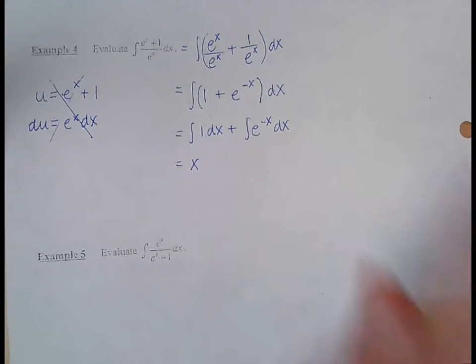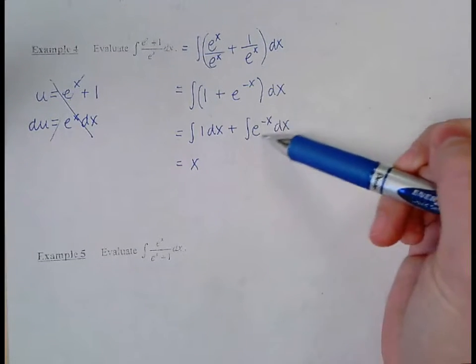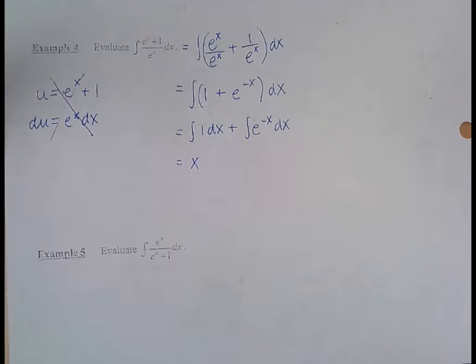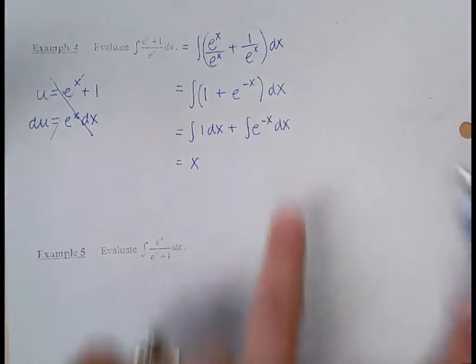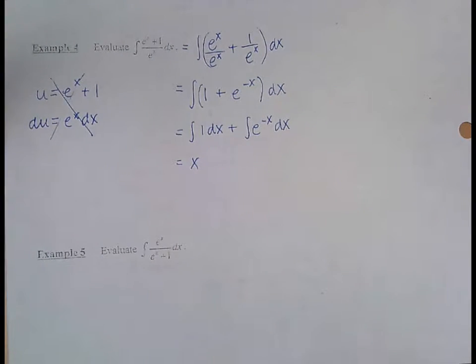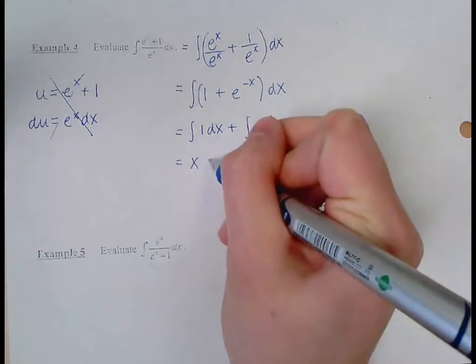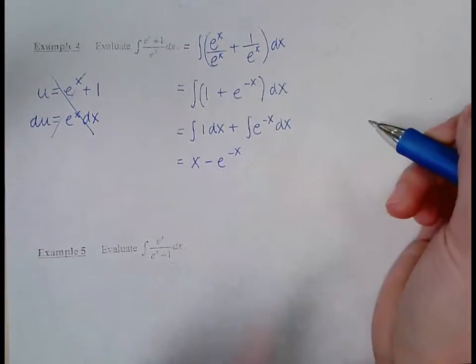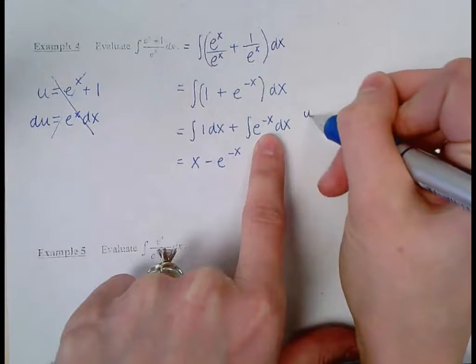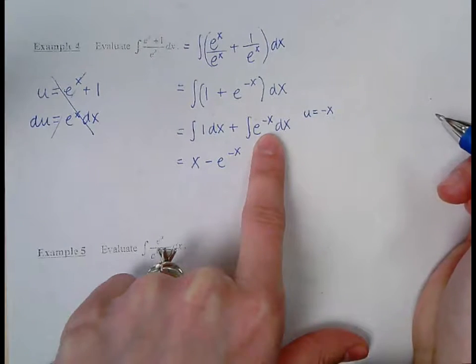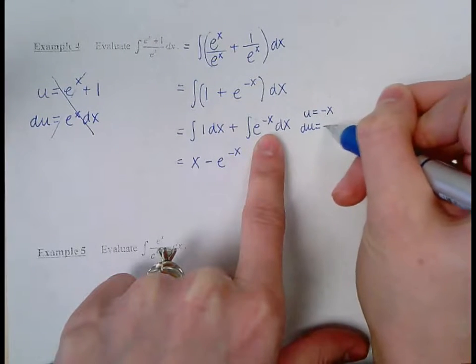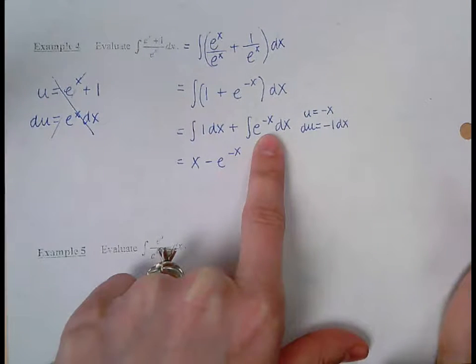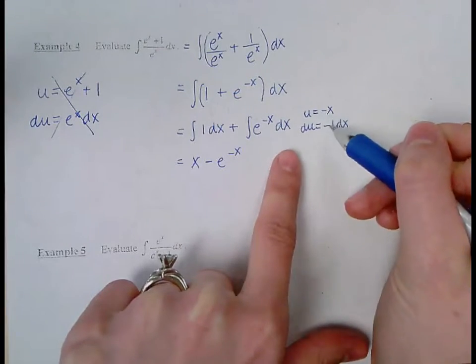Now that does come from, if you notice, in order to take the derivative of this, you would need chain rule. That means you really are using substitution. However, you could actually come up with this antiderivative without using the substitution rule. It is negative e to the negative x. But this is why, if I let u equal negative x, then du is negative 1 dx.